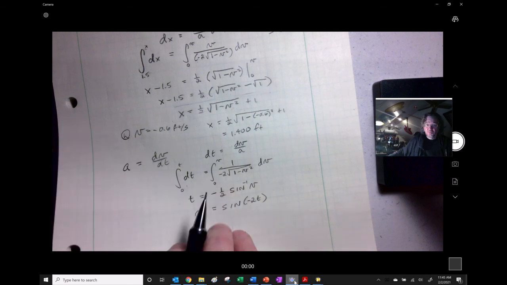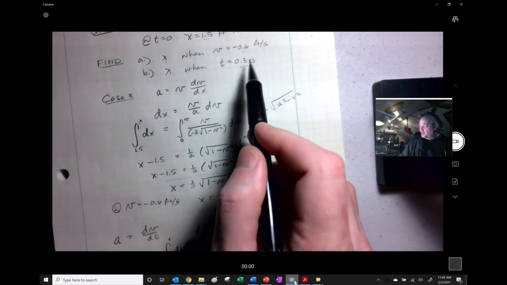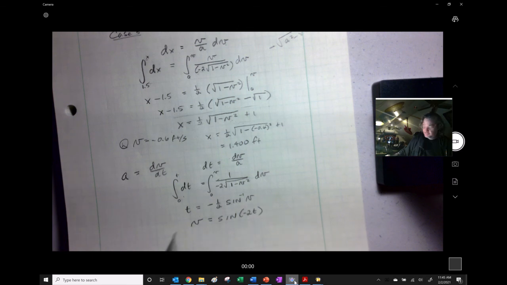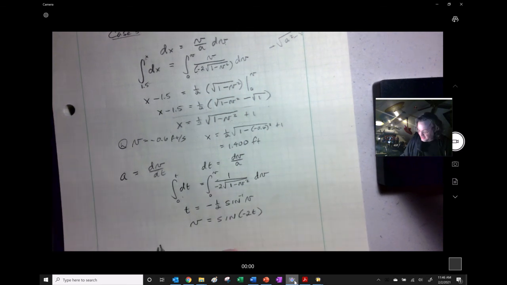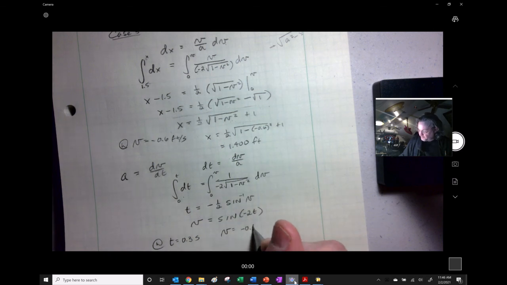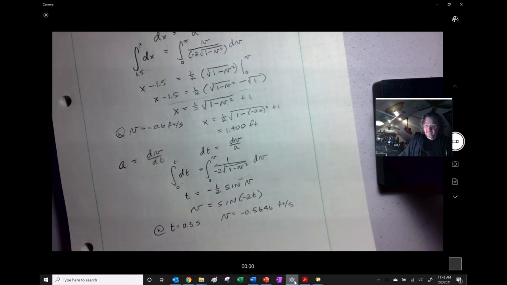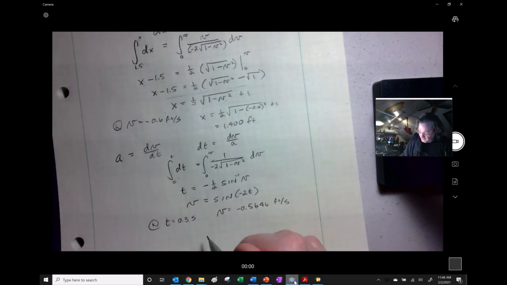So when we want to solve for this, we could put in the 0.3 seconds. So at t equal to 0.3 seconds, we get the velocity is negative 0.5646 feet per second. Interesting, huh? An interesting outcome.